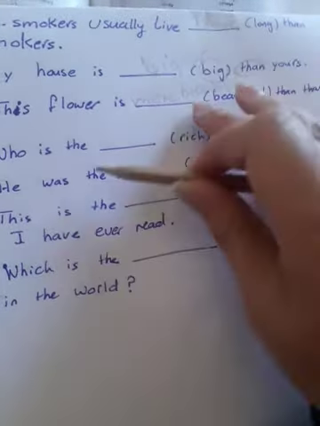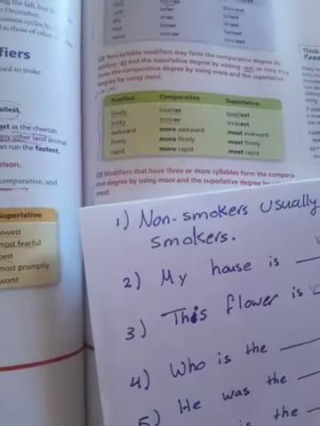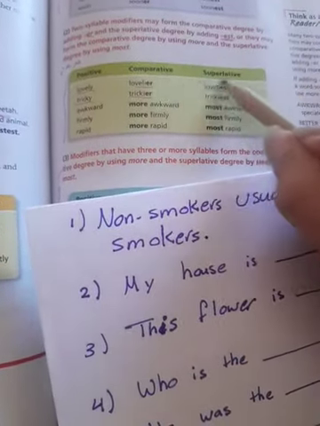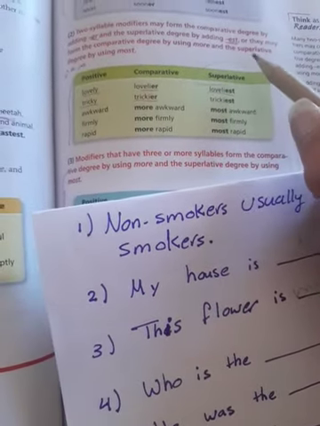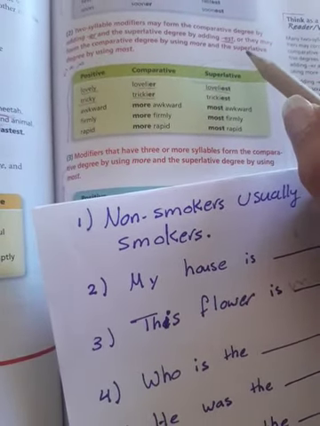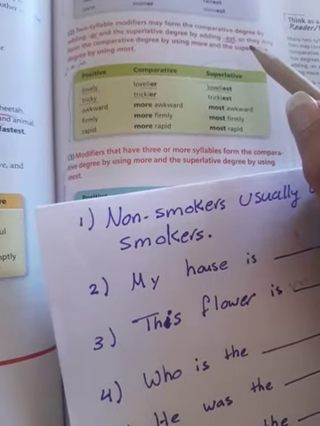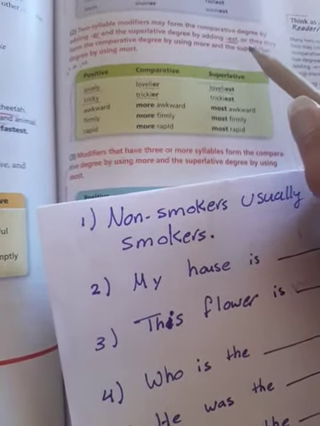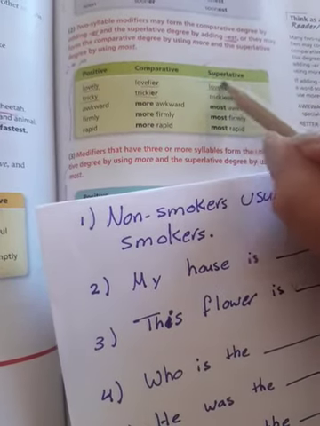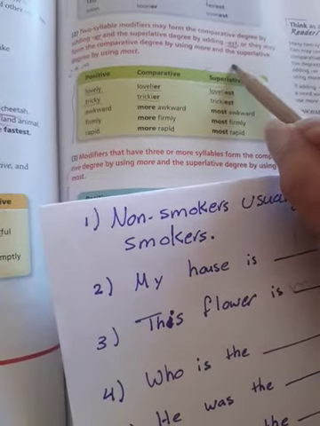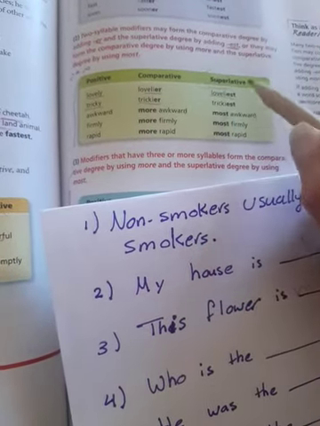Okay, now let's move to superlative. When I say superlative, guys, superlative means comparing more than two. When I compare one person to others or one thing to other things. So let's say superlative is comparing more than two things, more than two people, more than two animals.